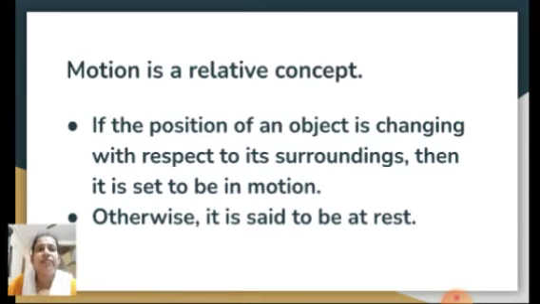Second question: only if the position of an object changes with respect to the surroundings do we say that the object is in motion. Otherwise it is said to be at rest. I hope you have understood these concepts, right?